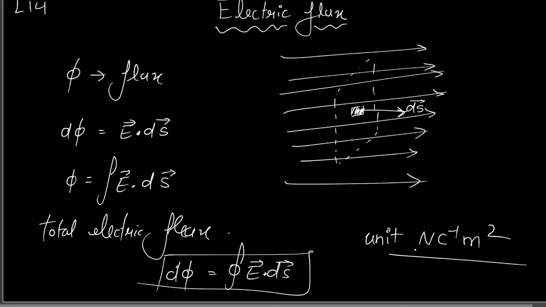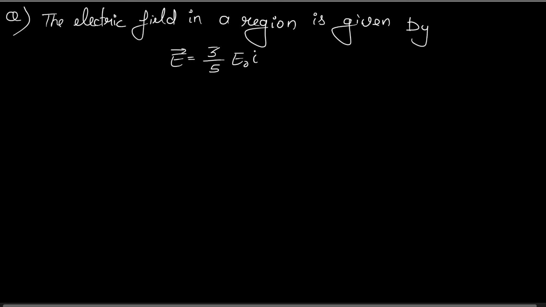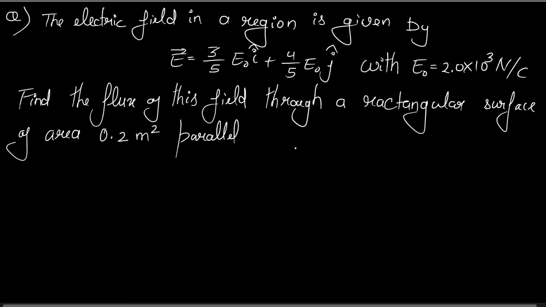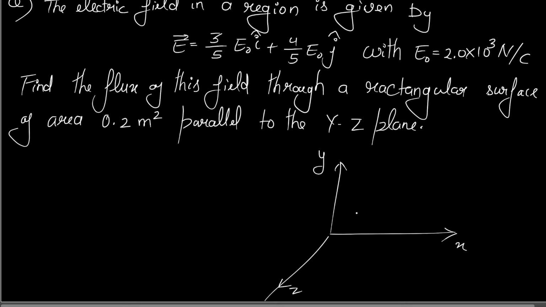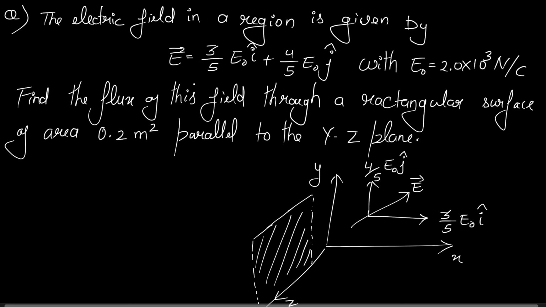Okay, let me take one question. The electric field in the given region is represented by 3 by 5 E naught x cap and 4 by 5 E naught y cap.